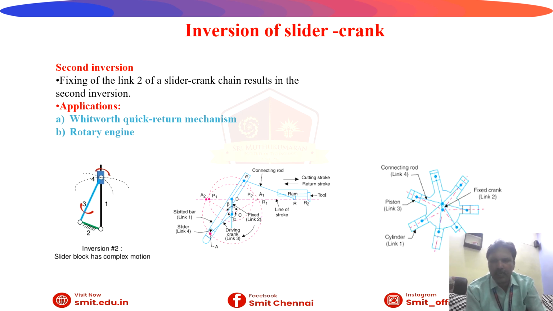Another one, at the right hand side of the slide, we can see a rotary engine. It is a Gnome engine also, we can say. But how will the mechanism be utilized? Link 2 is one common link, finally interconnected with multiple links.